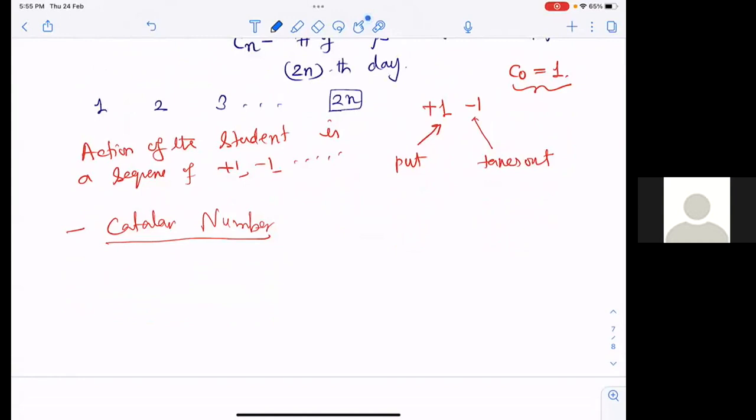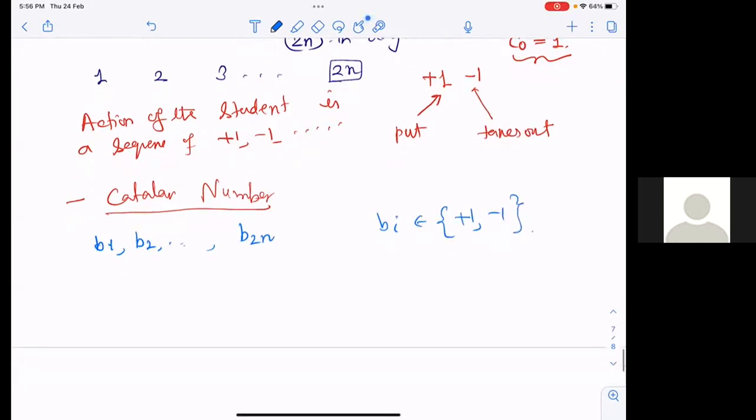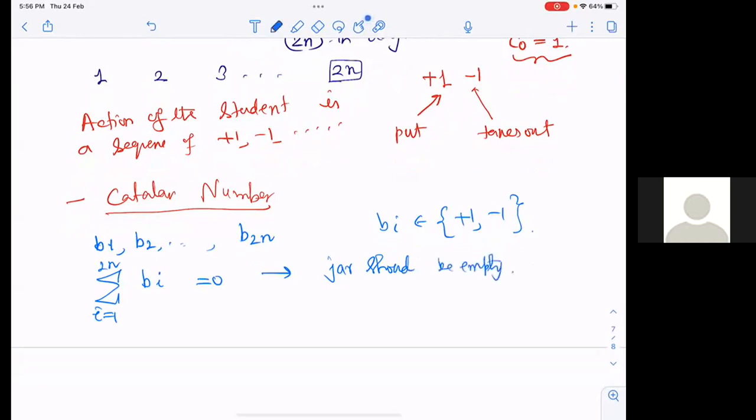That means if I take this +1, -1 sequence b1, b2, ..., b2n, where these bi's could be either +1 or -1, and the jar should be empty, then if you add all these numbers, you should get 0. But that's not enough.